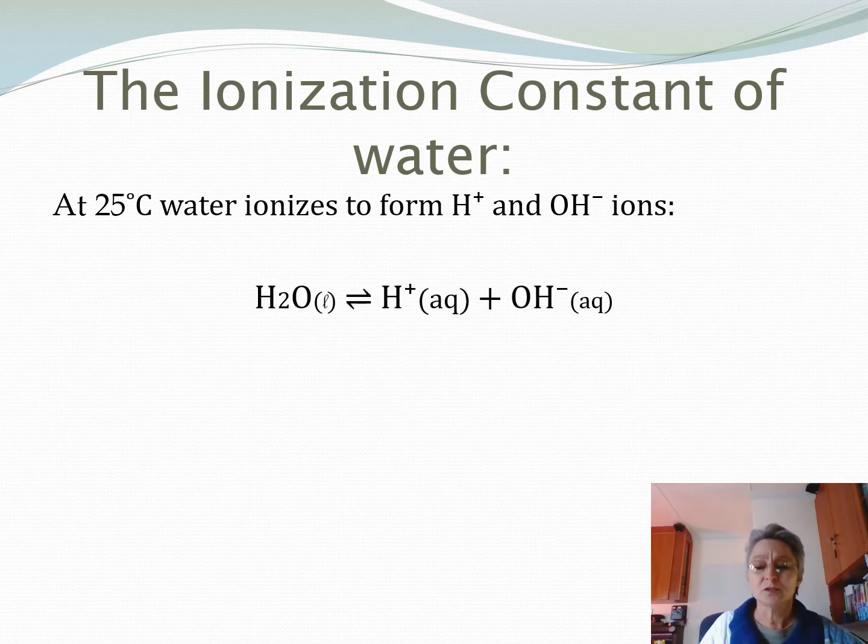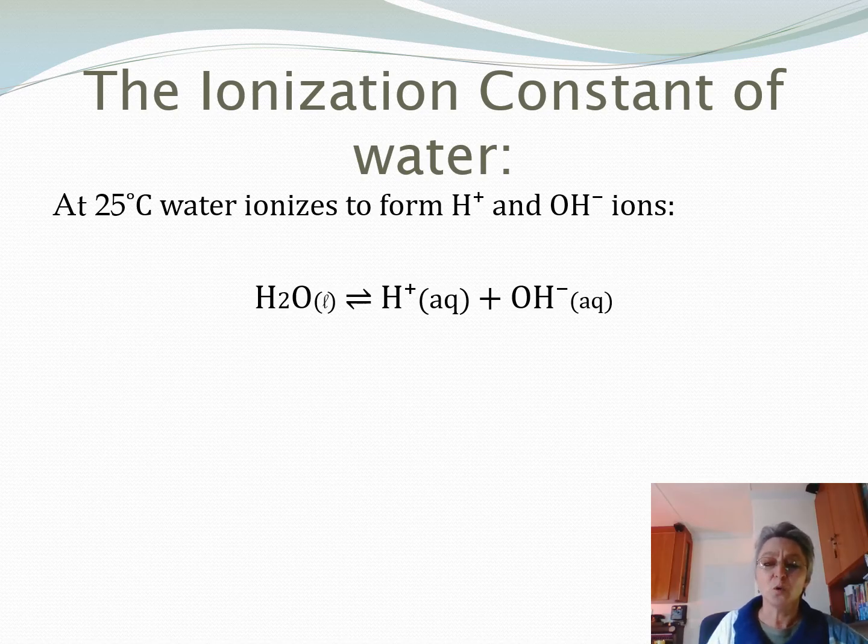So if the temperature is kept constant, the water molecule, liquid, is forever in equilibrium with H plus and OH negative. Now, water is an extremely weak acid in this case. Acids form protons, the hydrogen ions. So the Kc value for water would depend on the concentration of the hydrogen ion and the concentration of the hydroxide ion.